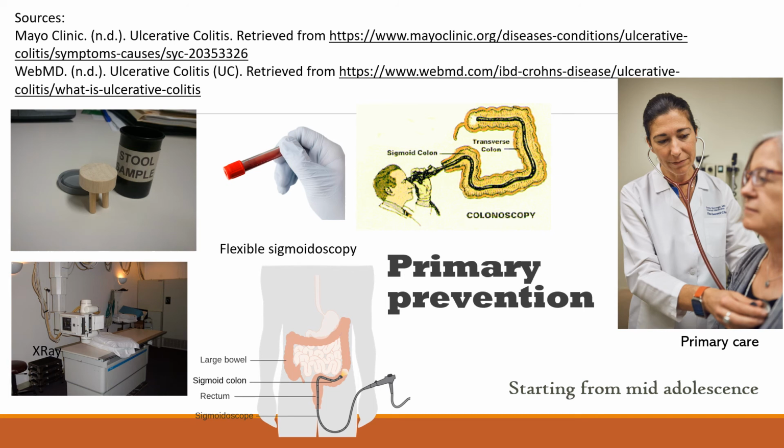Ideally, all this screening and testing should be integrated with primary care, and the primary preventive mechanisms should start from mid-adolescence, and it should focus on whites or Ashkenazi Jews, or those with family histories of ulcerative colitis.